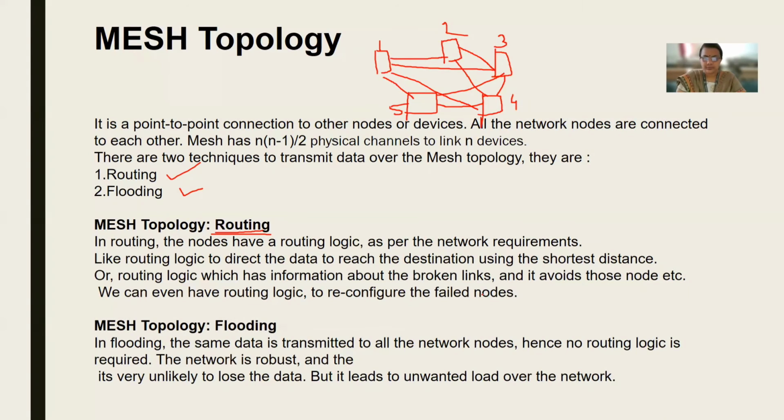Okay. So next, another one is the flooding. Flooding is the same thing, it is connected, but it won't look only at the shortest distance. What it will see is, like in Google Maps, if I want to go from here to Elanga, from Google Maps I can come to know whether there is traffic or not. If I come to know that this road has traffic, then I will think, okay, I can go by another road.